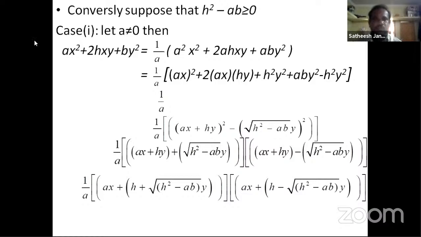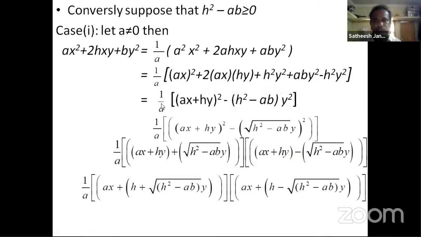Let a not equal to 0. Then ax square plus 2hxy plus by square is equal to this total, multiplying and dividing with a, that is 1 by a, multiplying with a into a square x square plus 2ahxy plus ab y square.